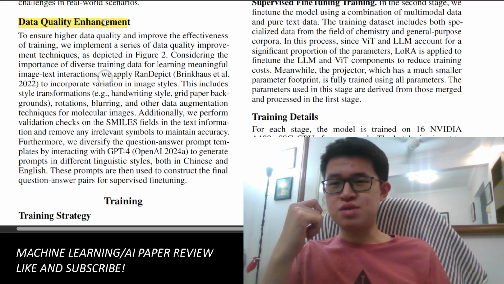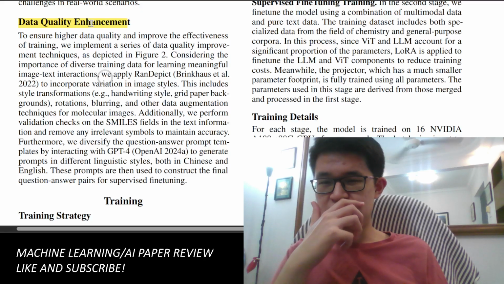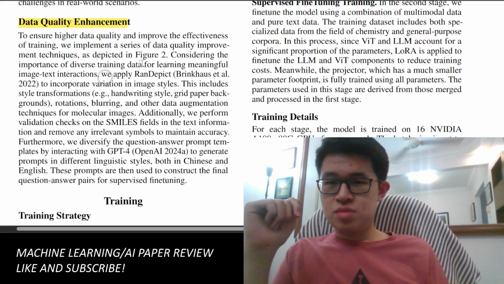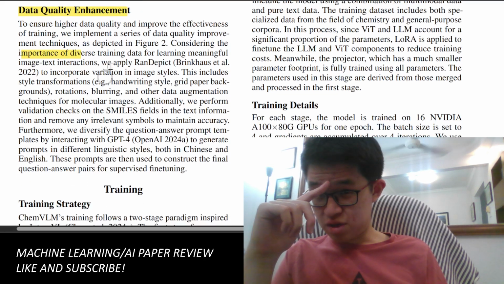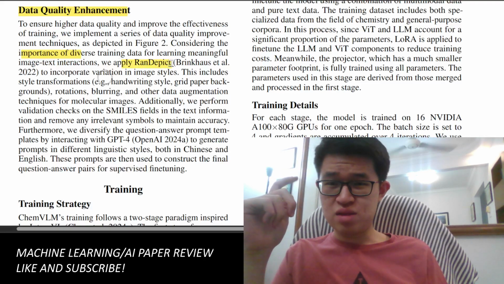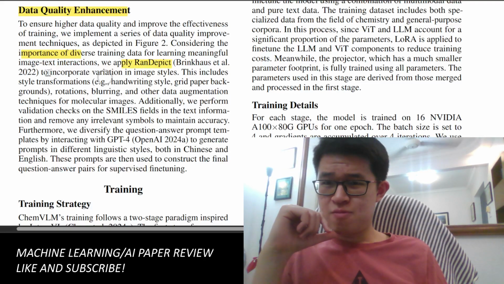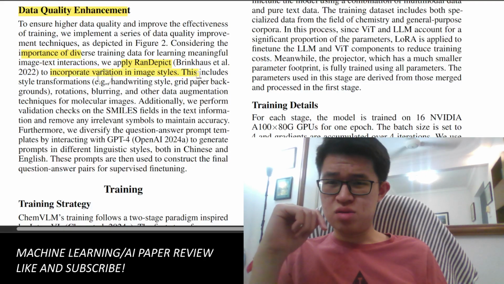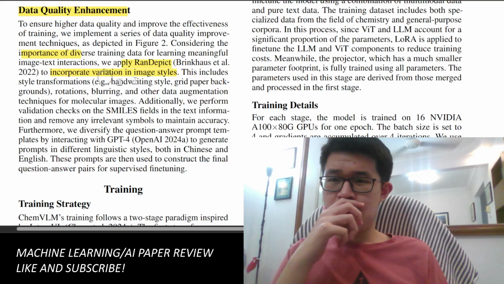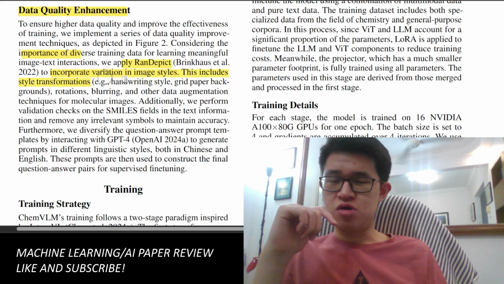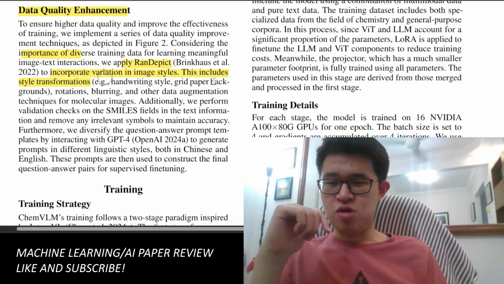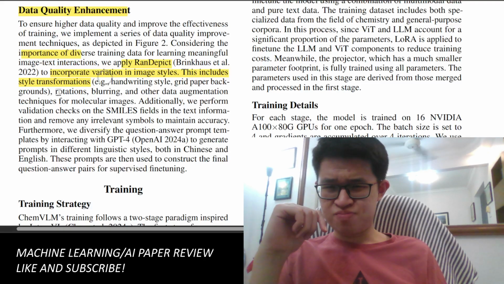How do they enhance the quality of their data set? So, considering the importance of diversity, they apply a RAND depict to incorporate variation in image styles, including transformations of handwriting styles and grid paper backgrounds.